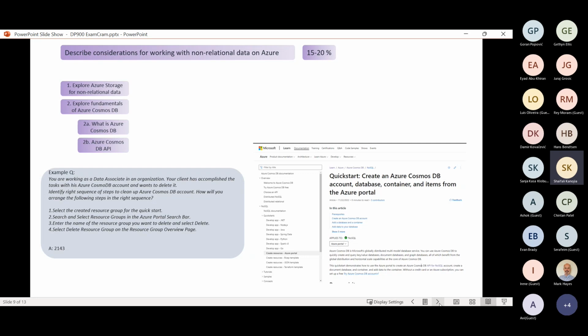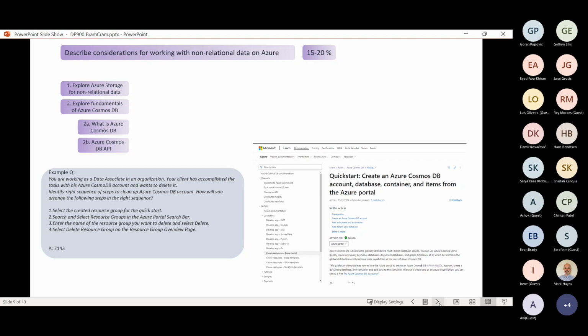In working with non-relational data in Azure, the learning path covers only two steps. Firstly, what storages are available for non-relational data. And second, the fundamentals of Azure Cosmos DB, where they only give you high-level knowledge of what Azure Cosmos DB is and what APIs are available for it.